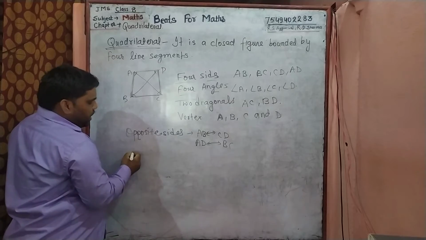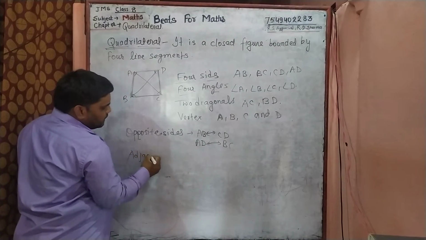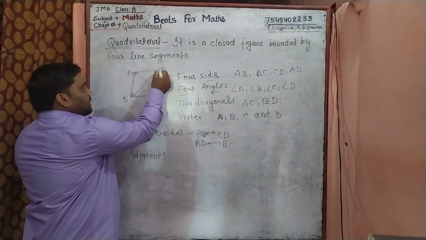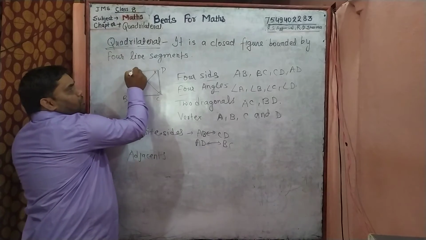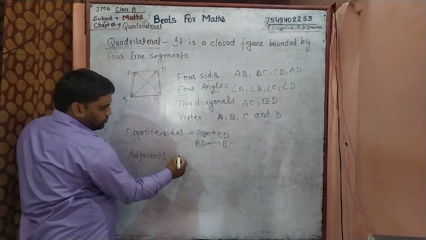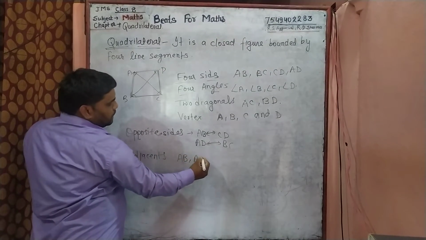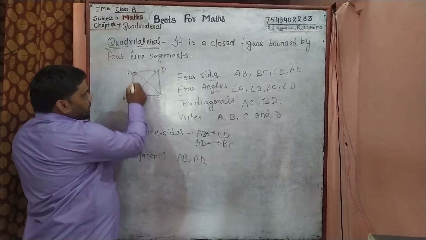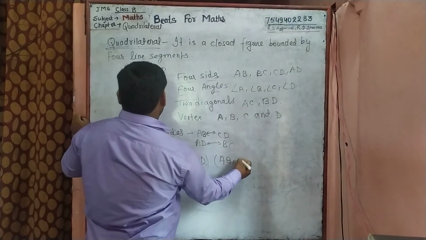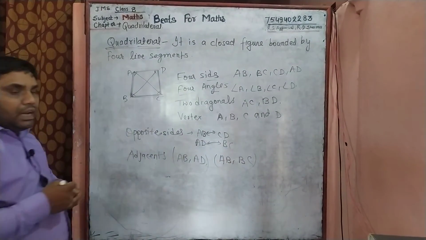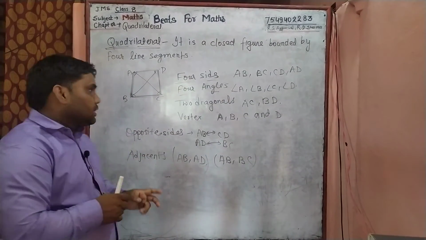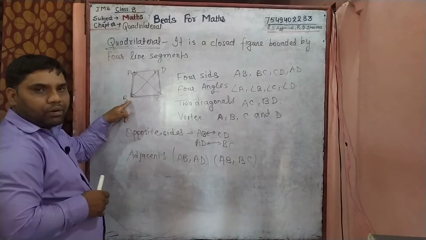When we talk about adjacent sides, we mean the sides connected by one vertex. Here AB and AD are two sides connected by one vertex, so AB and AD are adjacent sides. And AB and BC are also adjacent sides. Adjacent sides are the sides connected by one vertex.